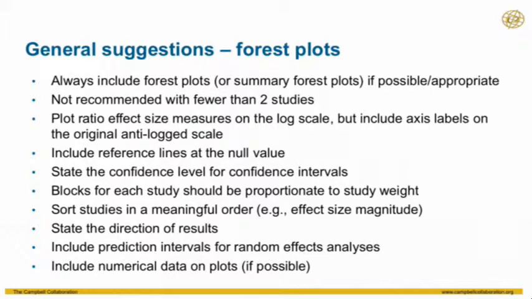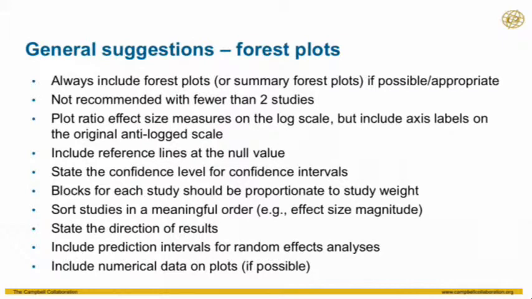It's probably less common with many of our Campbell reviews, but if you do have binary outcome data and you're using, for instance, a log risk ratio or a log odds ratio, typically you will want to plot those effects on the log scale, but then include the tick marks on your axes in the ratio scale. That makes more sense to readers. It's good practice to always include reference lines at the null values and to state your confidence intervals.